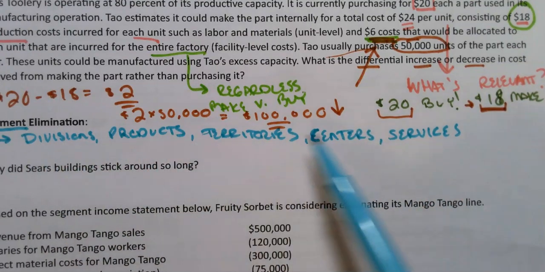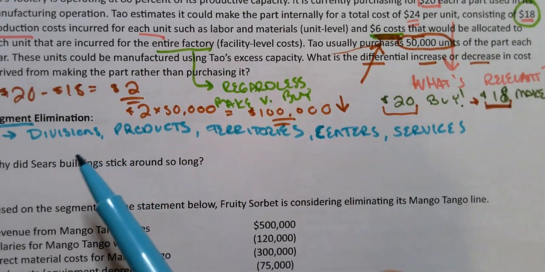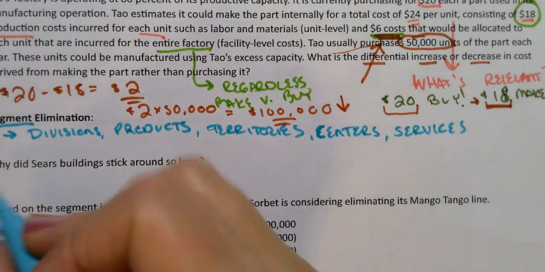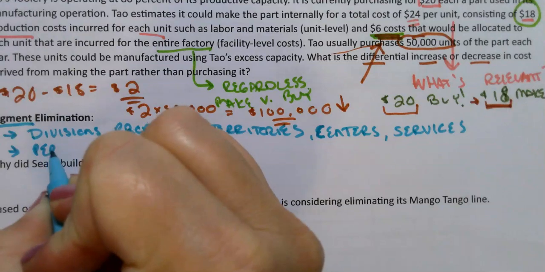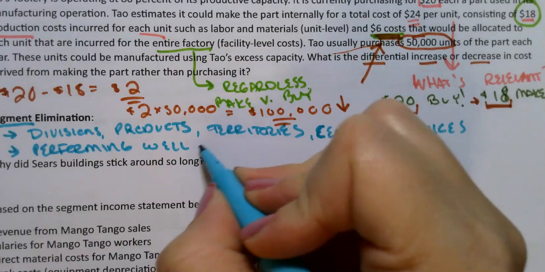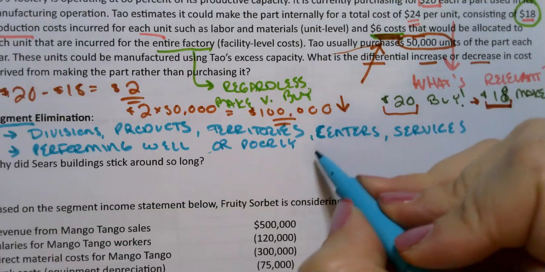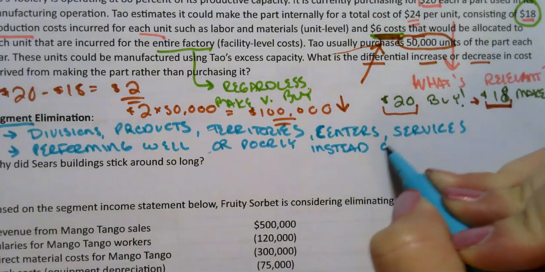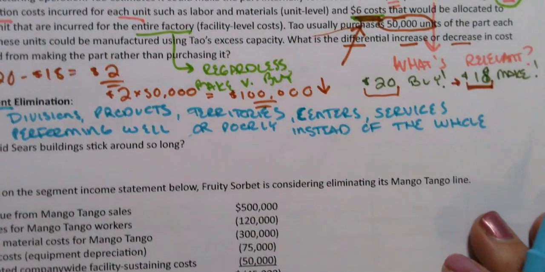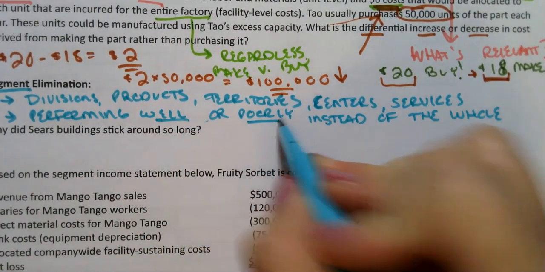And we're going to break out the information for these segments, a profit and loss basically, cost and revenue, not looking at the entire business, but by segments, so that we can identify which are performing well or poorly instead of the whole. So it is going to be a more zeroed in look at these segments to figure out which ones are performing well or which are performing poorly.